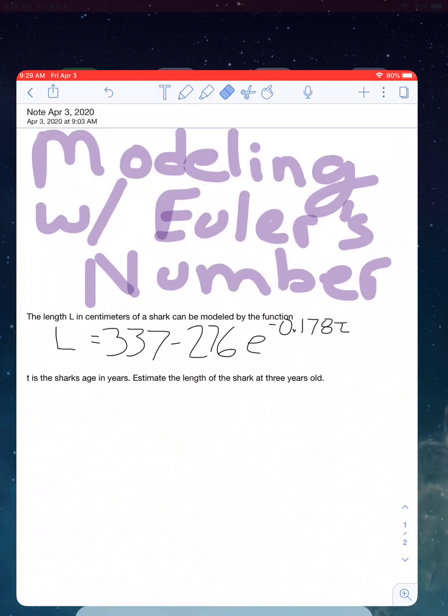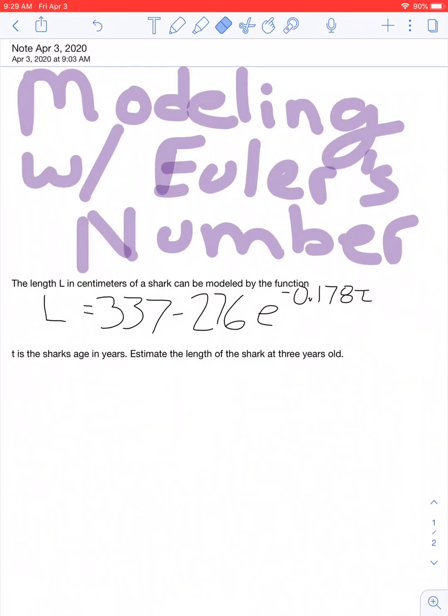In our first example, we're going to be talking about sharks. To be more specific, this is modeling a tiger shark. Before we get going too much further, just realize the equation itself will be provided for you.